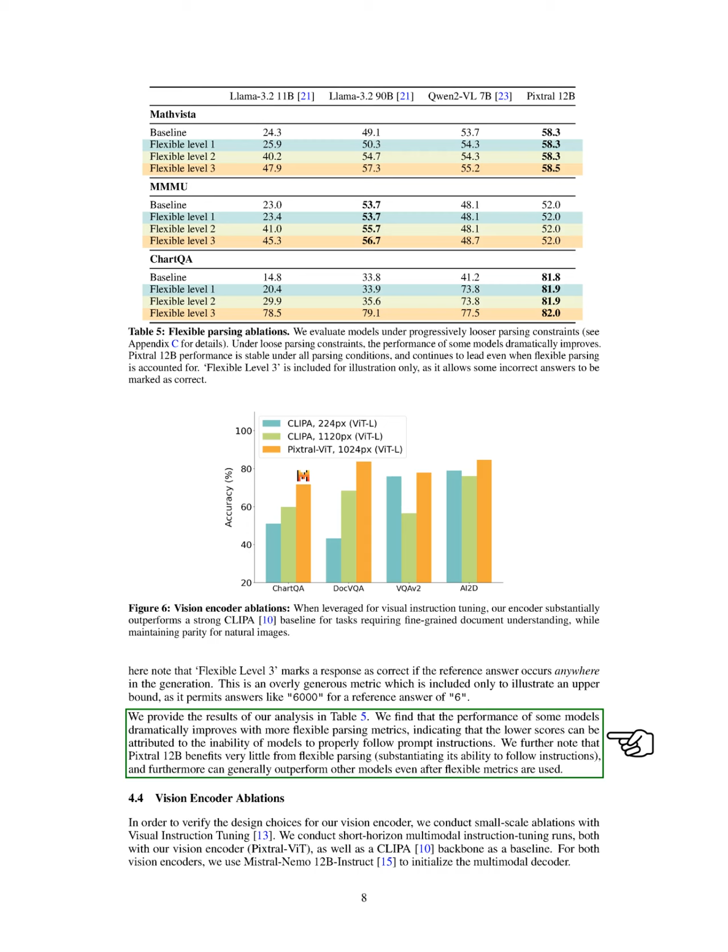We find that some models show improved performance with these flexible metrics, suggesting that their lower scores stem from difficulties in following prompt instructions. In contrast, Pixtral 12b shows minimal benefit from flexible parsing, demonstrating its strong adherence to instructions and often outperforms other models even under relaxed metrics.